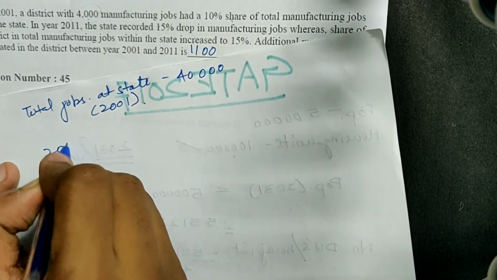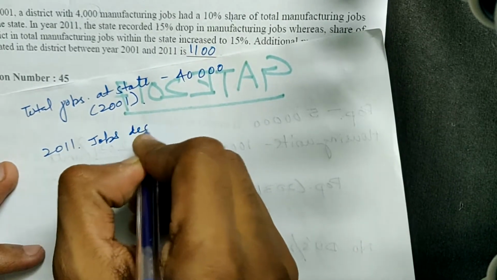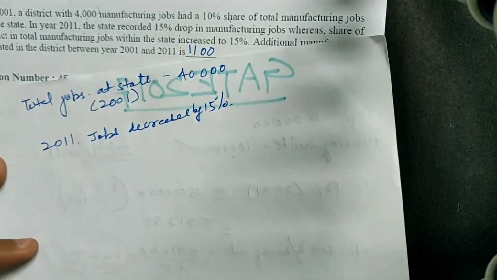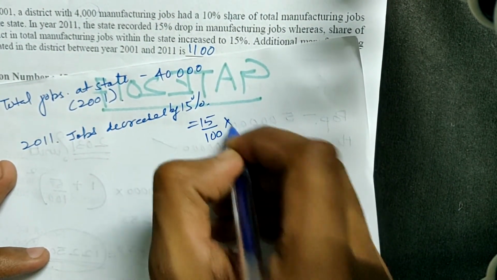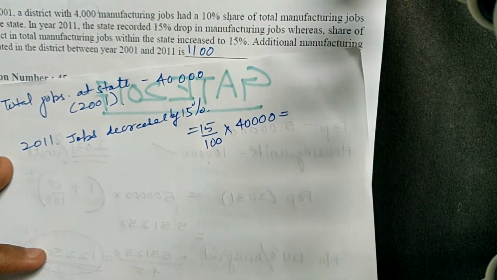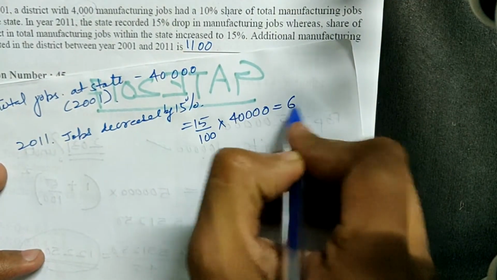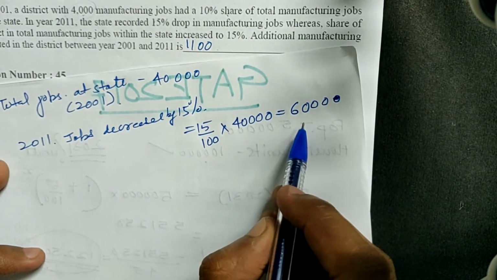In the year 2011, jobs decreased by 15%. So what were this 15% of jobs? 15 by 100 into 40,000, it is equal to 6,000. So 6,000 jobs were declined.